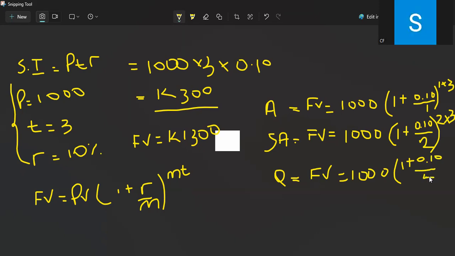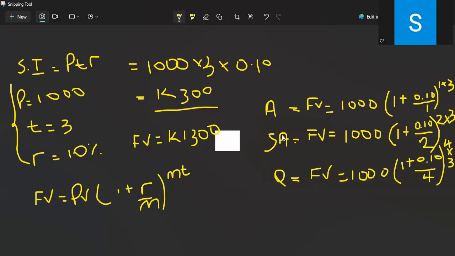Then the time we're going to multiply by 4. 4 times 3. These are very important principles, as I'll be looking at time value of money or bond valuation, and we'll need these principles.